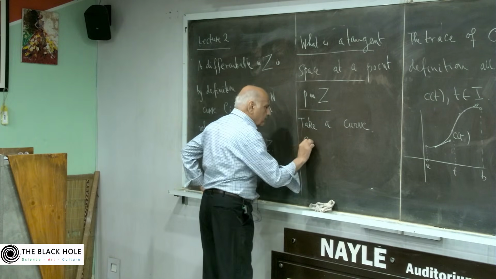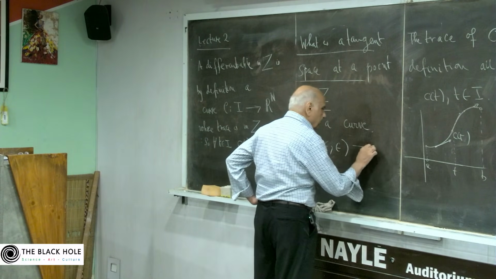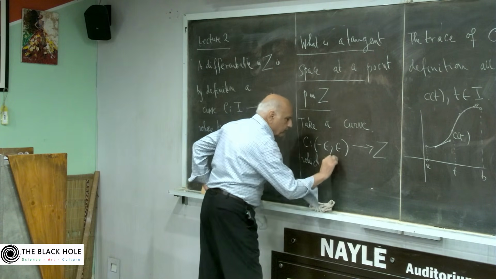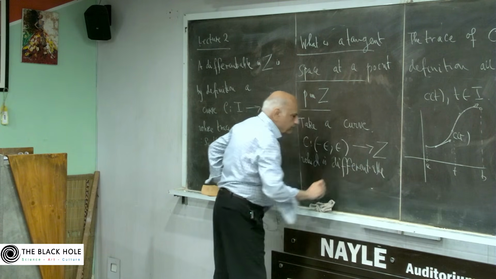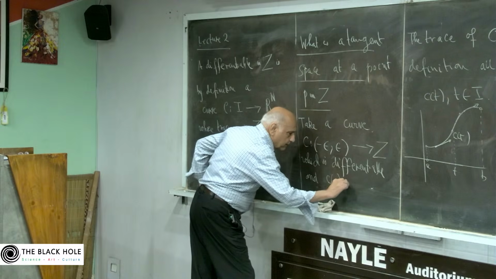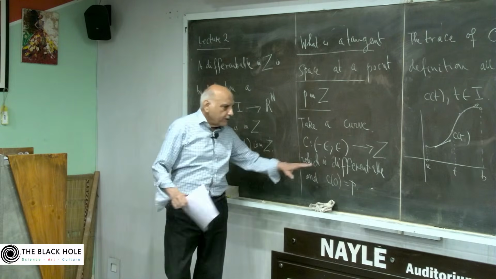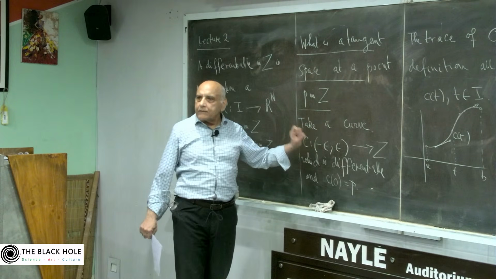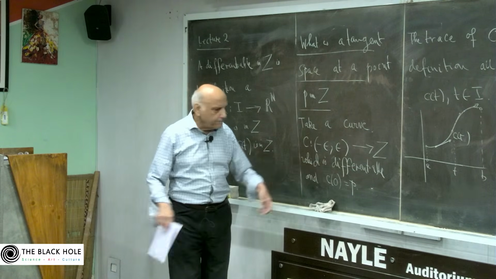Take a curve C from minus epsilon to epsilon into Z, which is differentiable, and at time t equal to 0, C(0) is equal to P. I'm fixing the base point for convenience. Differentiable, I told you what it means: all the components of C are differentiable, but the image points, the trace, lie inside your set Z.